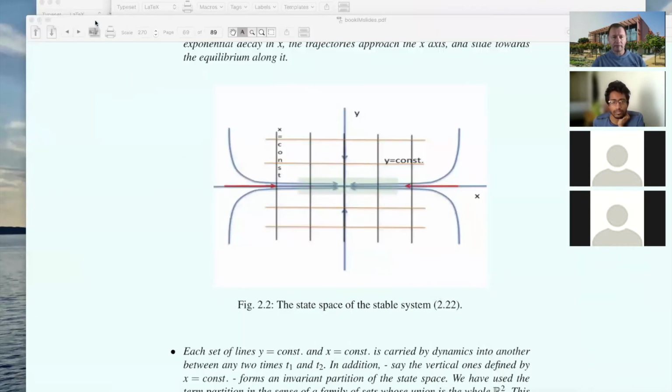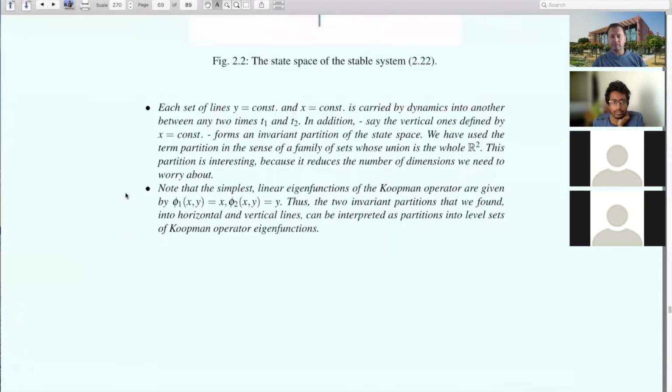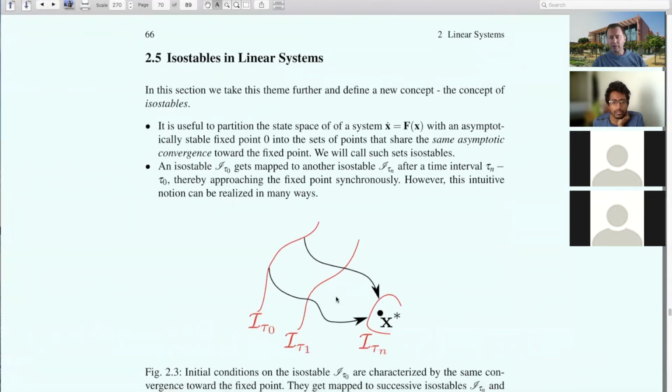What we require is that when you approach the origin, the asymptotic approach to the origin is coherent, or rather that it's in sync with the natural linear dynamics close to the origin. Of course, here we are discussing it for linear systems, so it's going to be a bit simpler to define. But that's the idea.